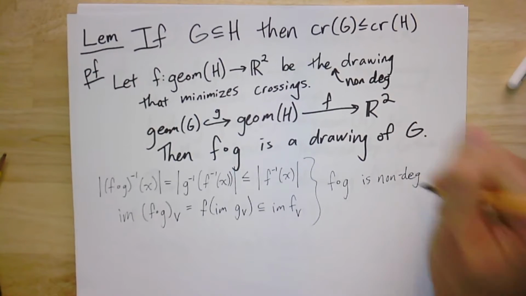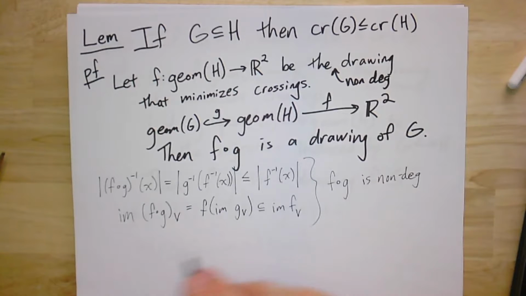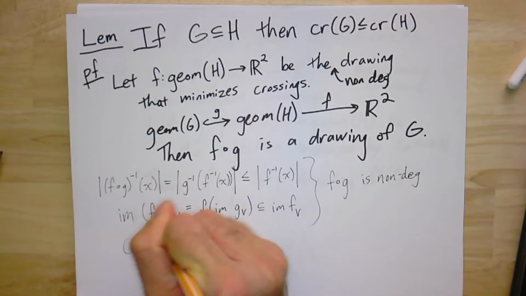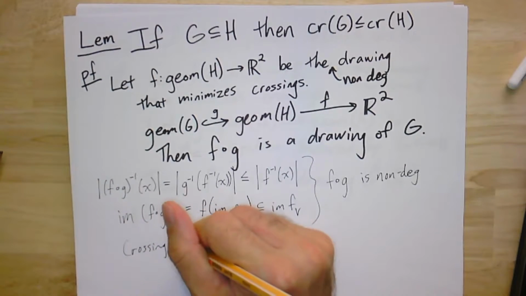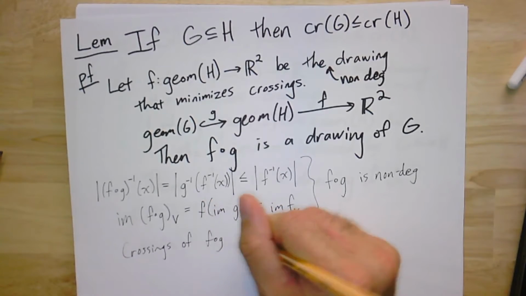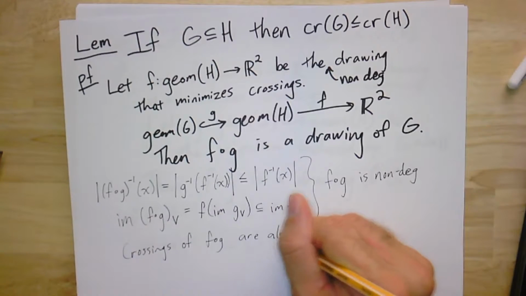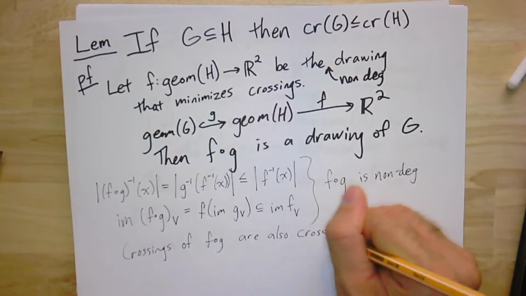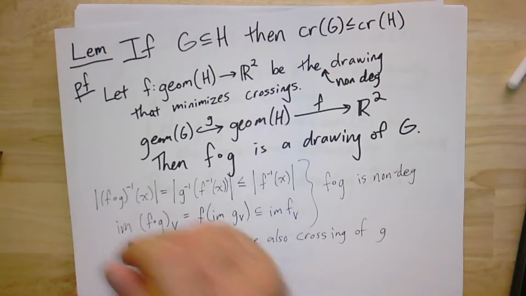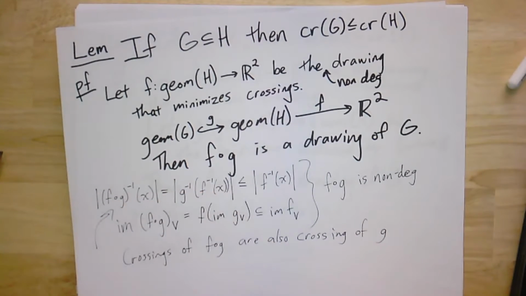So now I have a non-degenerate drawing, and it also has this property that crossings in F compose g are also crossings in F. Right, that follows just from this fact up here.